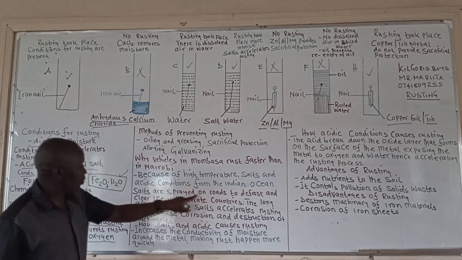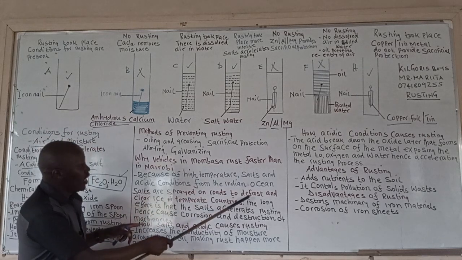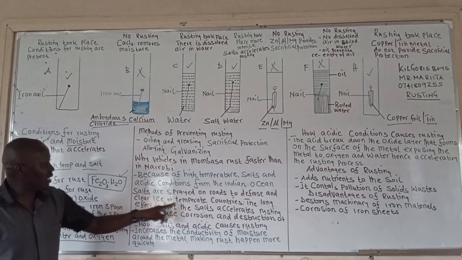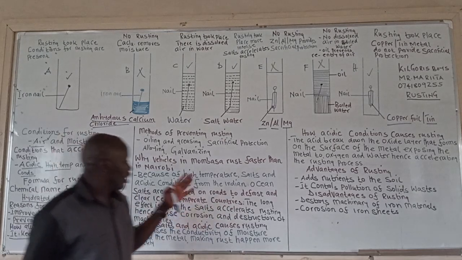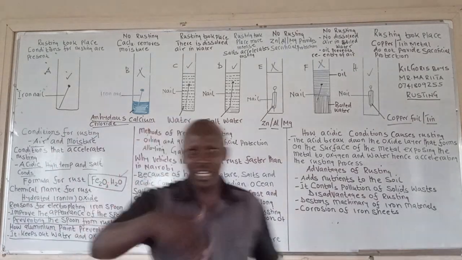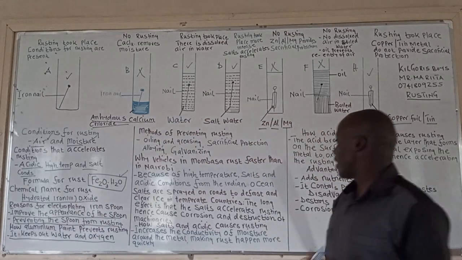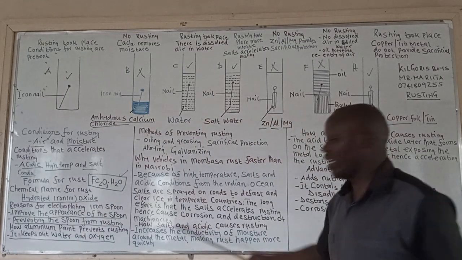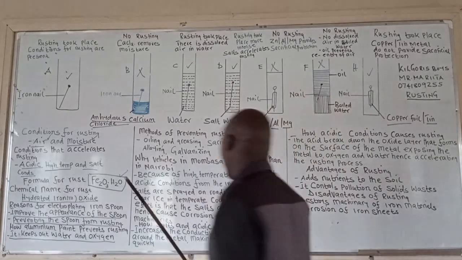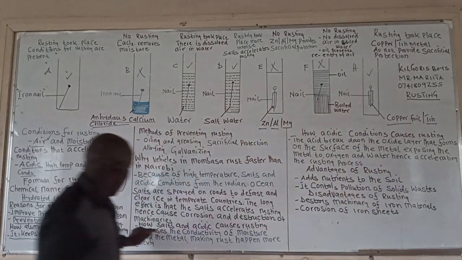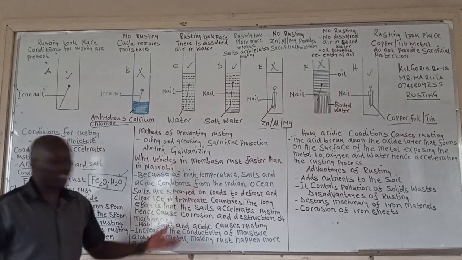So salts are sprayed on roads to defrost and clear ice in the temperate countries. The long-term effect is that the salt accelerates rusting, and once it accelerates rusting, it causes corrosion and the destruction of machineries.